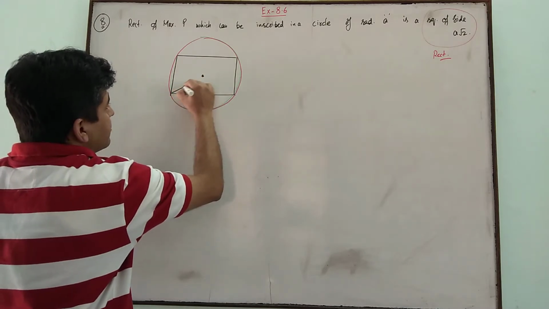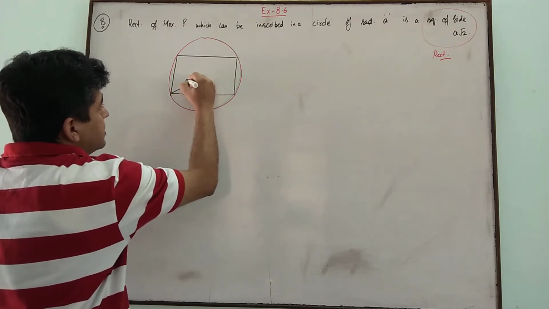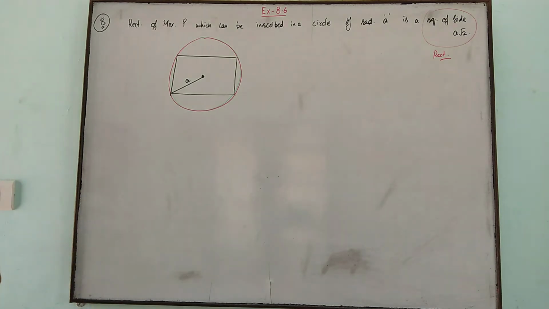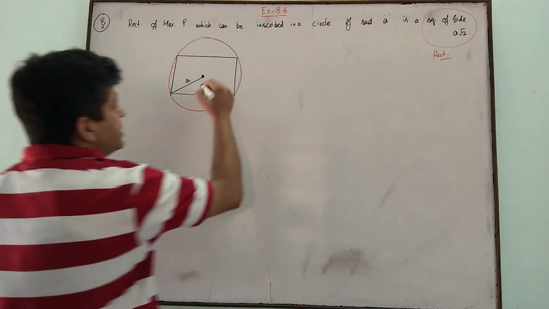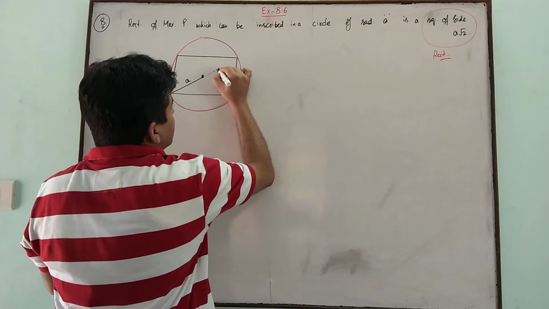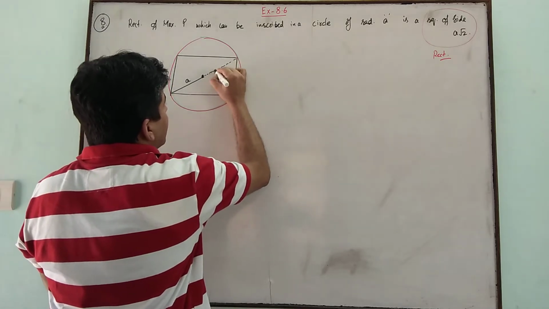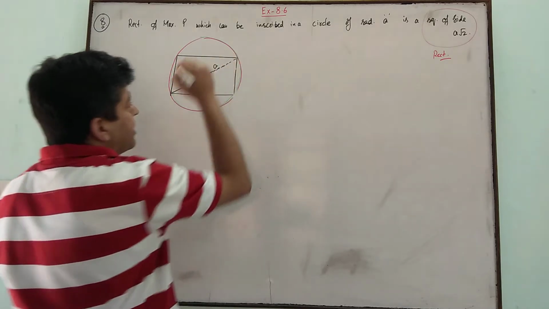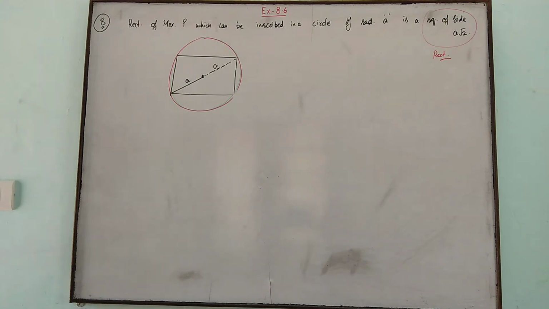The radius of that circle is a units. If this is a, this also will be a, the radius.